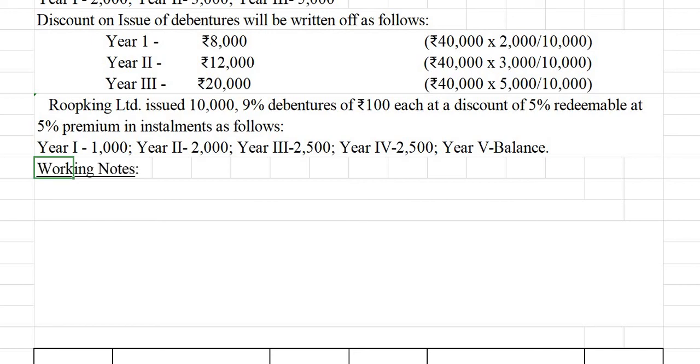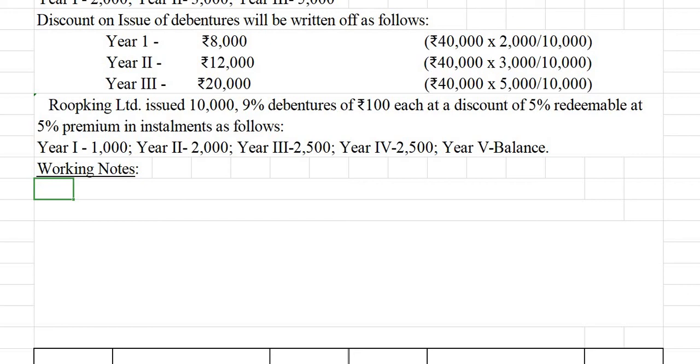In the solution, we are writing the working note first. While solving your problem, you can show the working note last. But here, for convenience, I am writing it first. The working note is the calculation of discount on issue of debentures and premium.